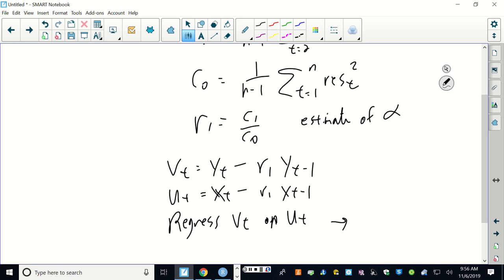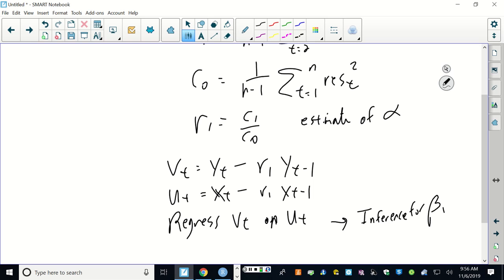From this, we do inference for beta 1. So if we are dealing with an AR1 model, then this will give proper inference for this, and we should be able to do significance testing.